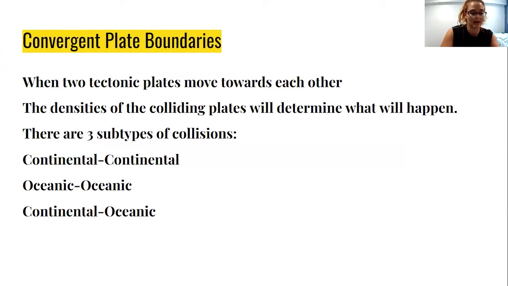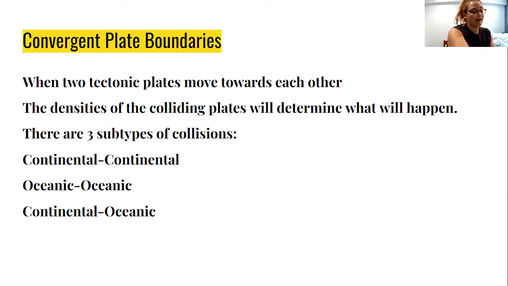As we discussed, a convergent plate boundary is when two tectonic plates move towards each other. So the mantle is convecting underneath and pushing those plates closer together. Now the density or thickness of those plates, whether oceanic or continental, is going to determine what will happen.